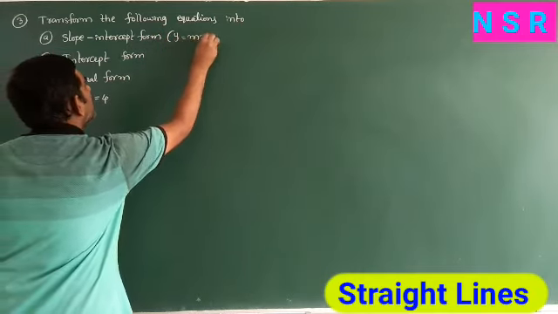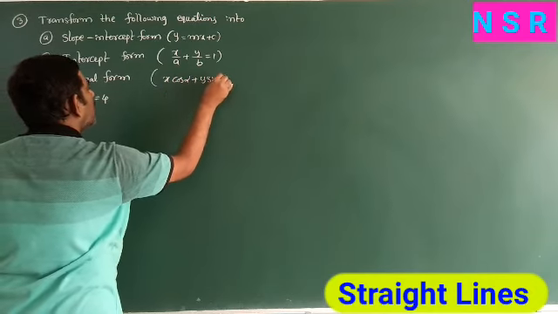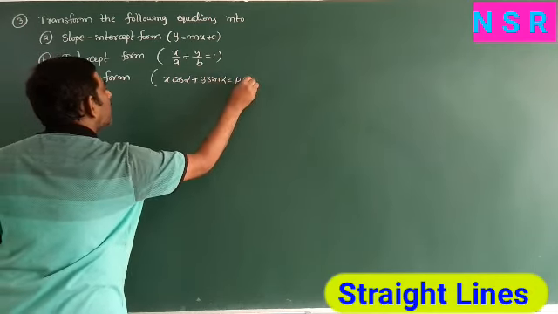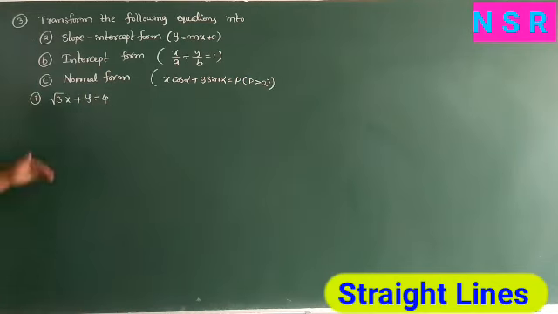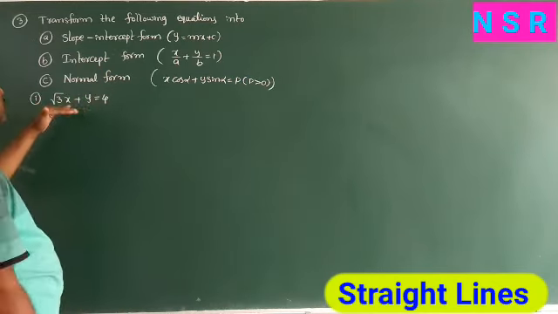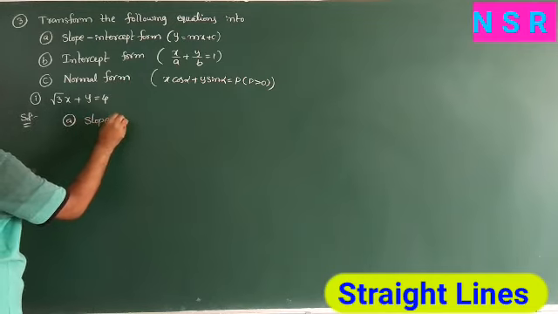What is normal form? x cos alpha plus y sin alpha equal to p. Here the p value is always positive and alpha is the angle. So these are the forms. Now the straight line equation changes into 3 forms. So the first one is slope intercept form.